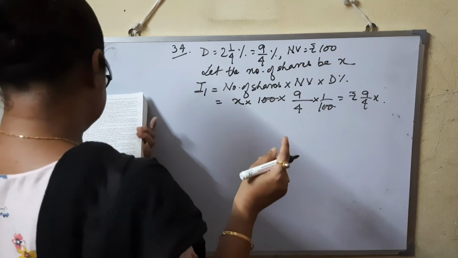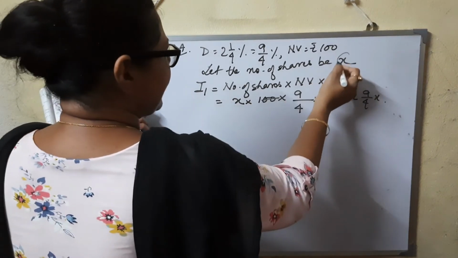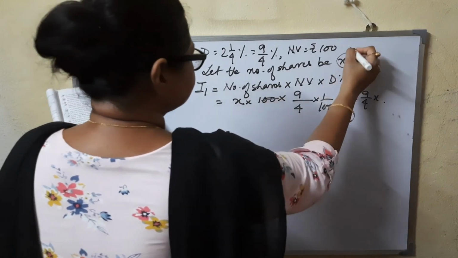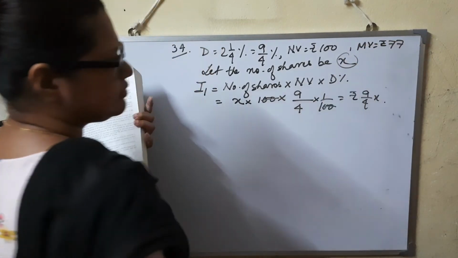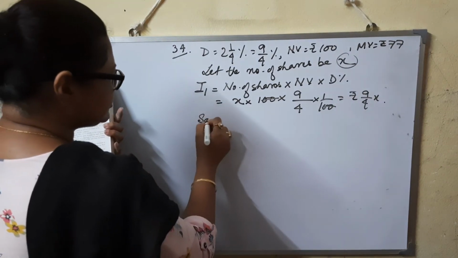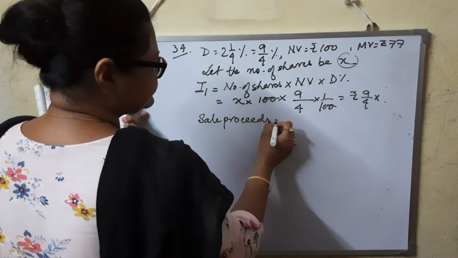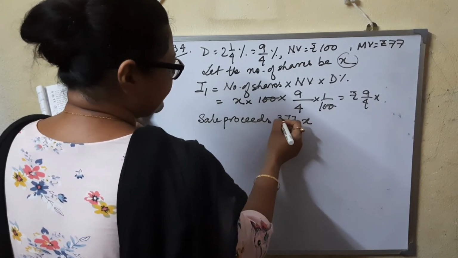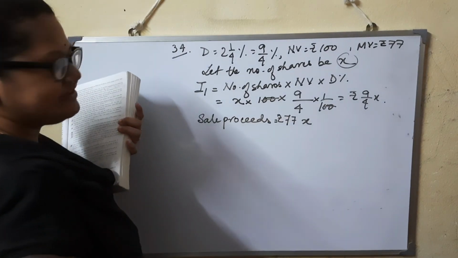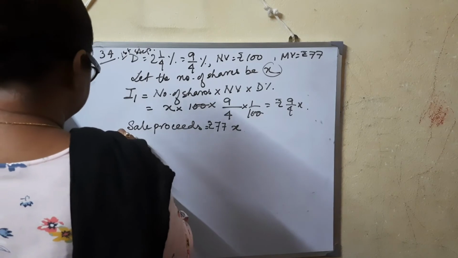Okay, this is the first income. Now they are saying that all these shares are sold at rupees 77. So what will be our sale proceeds? At 77 rupees, X number of shares have been sold out. So rupees 77x.